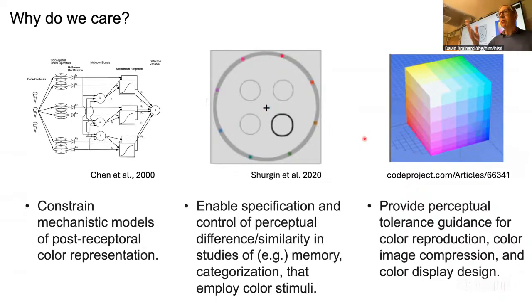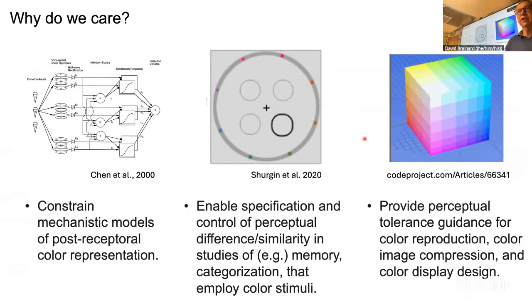Secondly, and I know there are people here who are really interested in color cognition, and cognition at a level that builds on perception more generally, questions of memory, attention, and categorization are examples of core psychological processes that there's great interest in understanding.